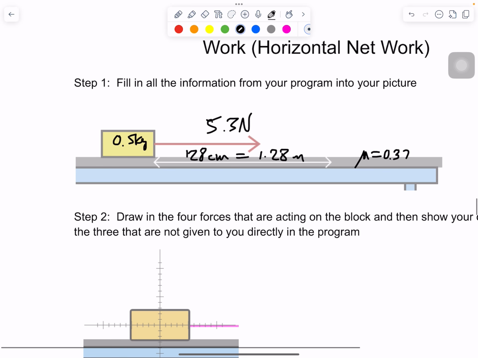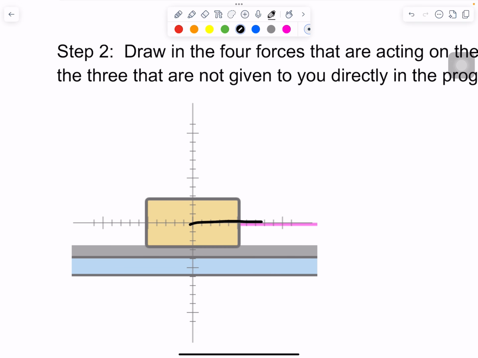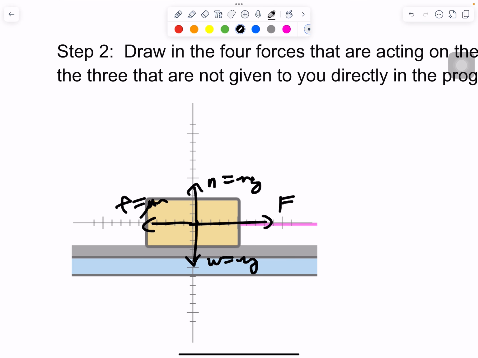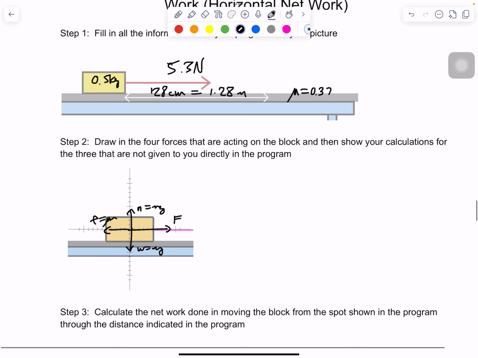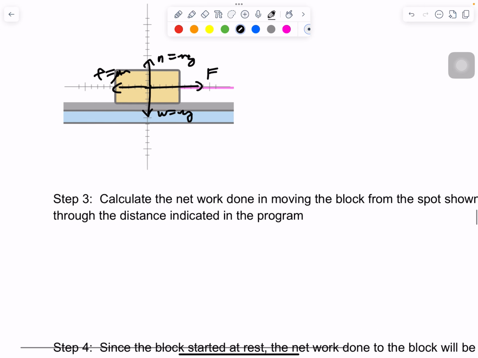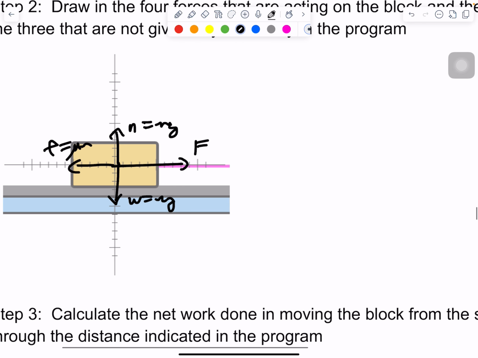So to find the net work, we've got to find first our forces. So we've got our applied force. You'll have friction, just mu times normal force. You'll have the normal force, and you'll have the weight equals mg. But remember, those two are balanced, so the normal force is also equal to mg. Okay, so let's calculate the net work.